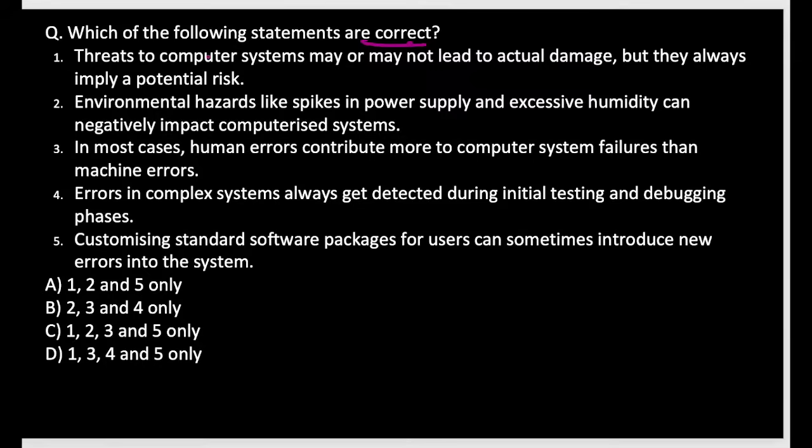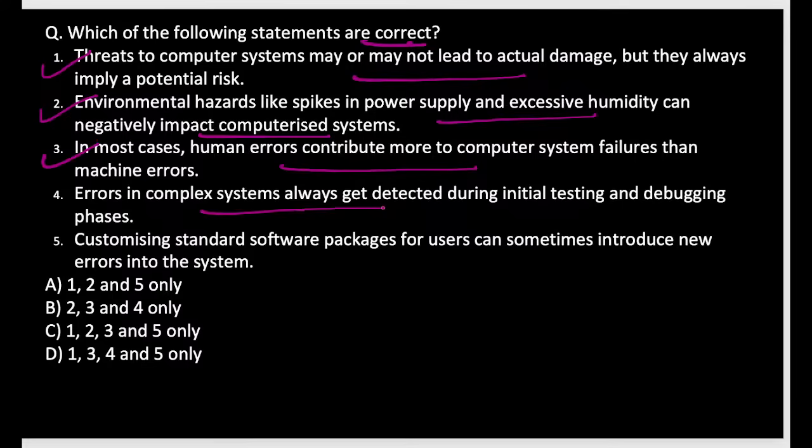So threats to computer system may not lead to actual damage, but they always imply a potential risk. Environmental hazards like spike in power supply, excessive humidity can negatively impact the computerized system. In most cases, human errors contribute more to computer system failures than the machine errors.